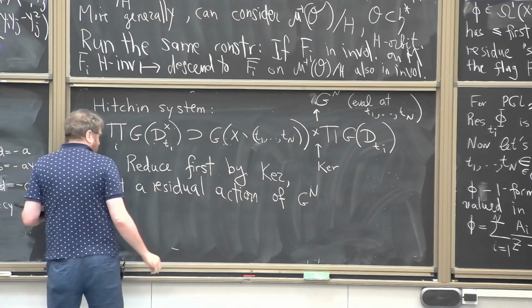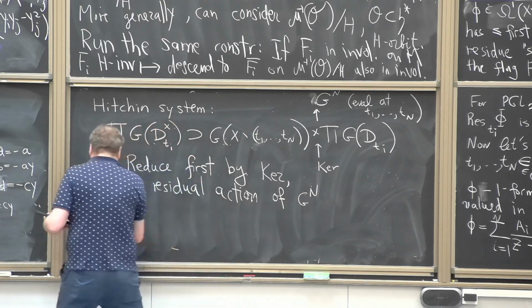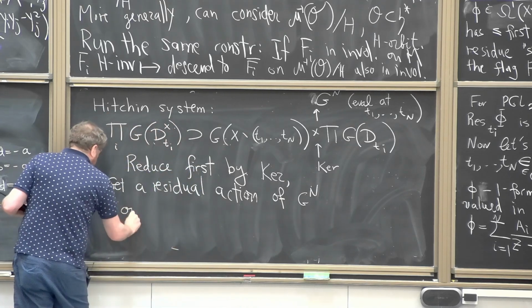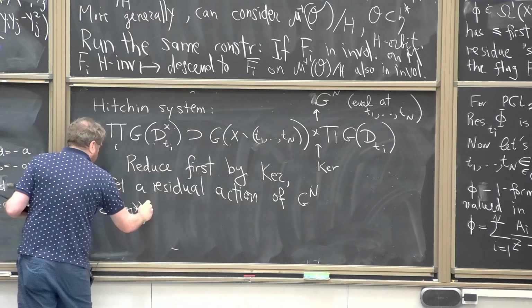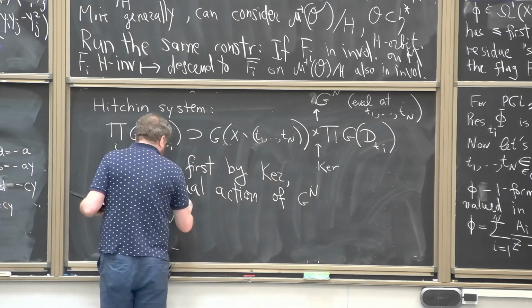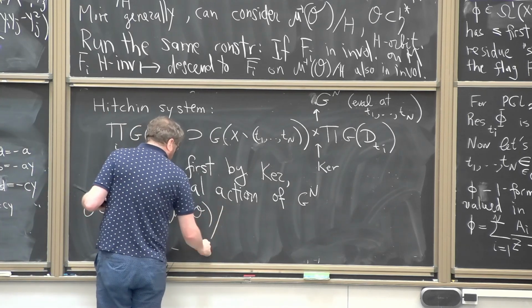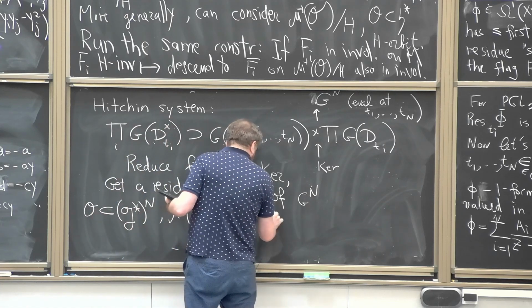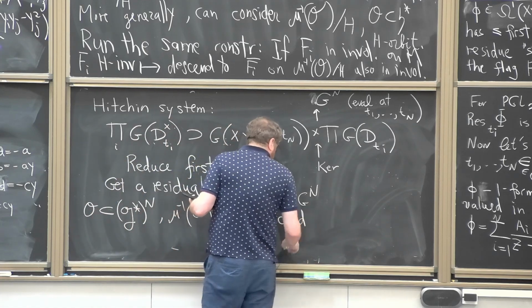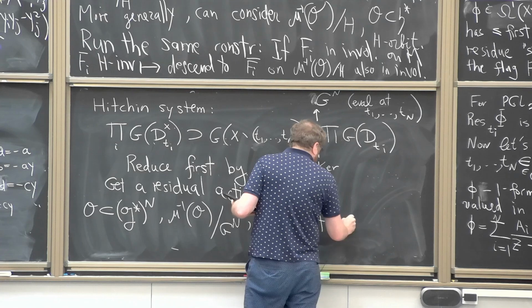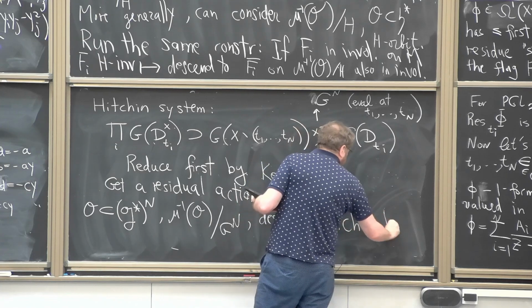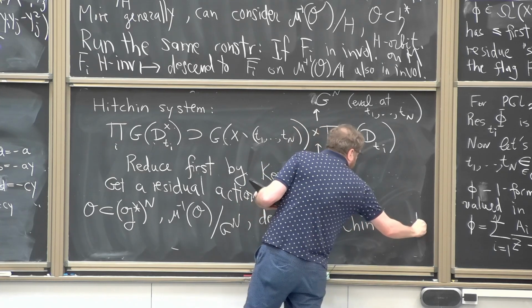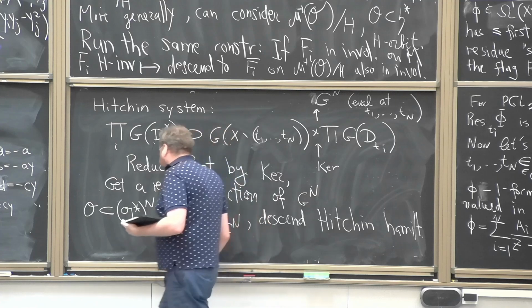And then we can take some orbit O inside G star to the n, and then we take mu inverse of O over G to the n, and descend Hitchin Hamiltonians to this quotient.